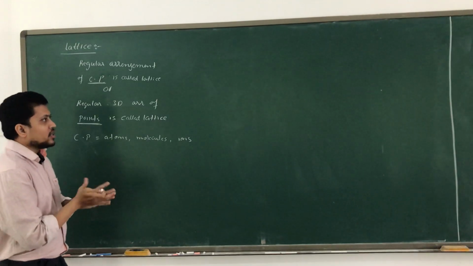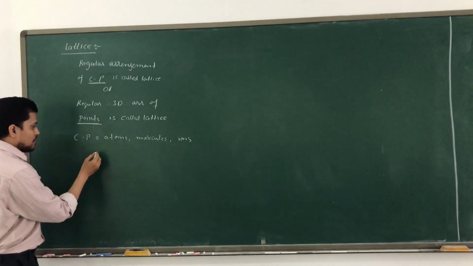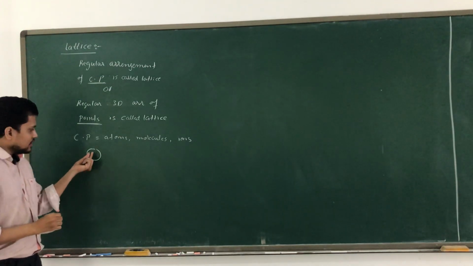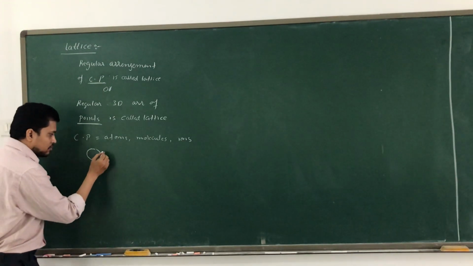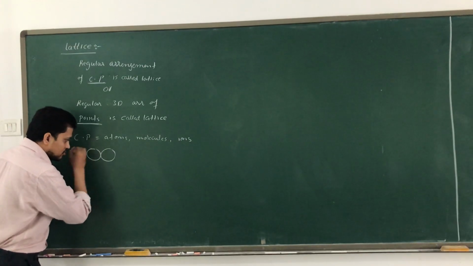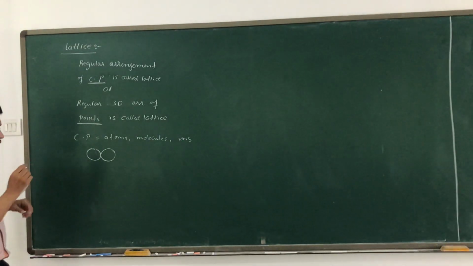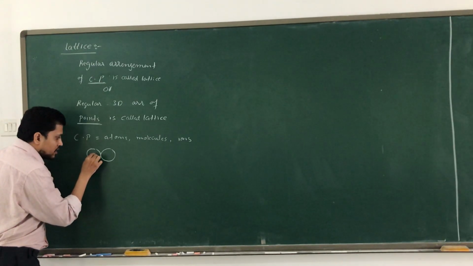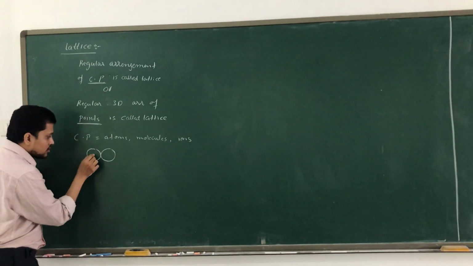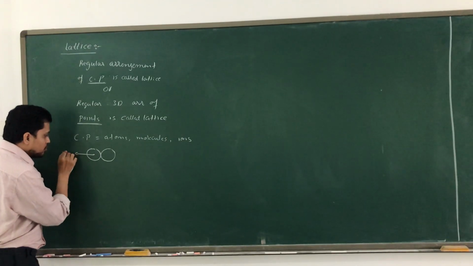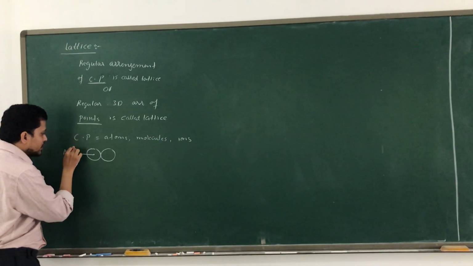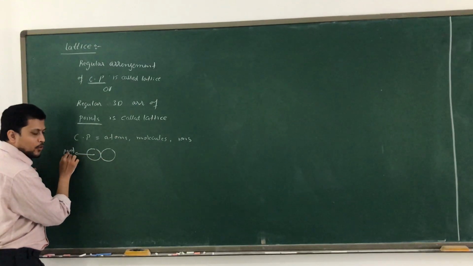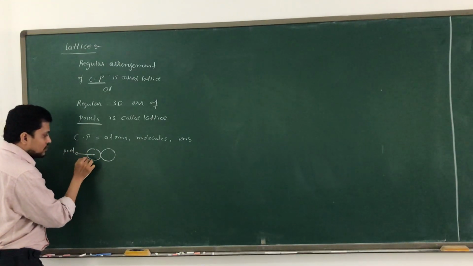Now suppose I have a constituent particle like this, one atom in this way, and the second atom is going to be arranged in this way. Now the center of this atom is called a sphere or point. The center of the atom is considered as a point. So this is the atom and this one is the point. So the total atom is called what?